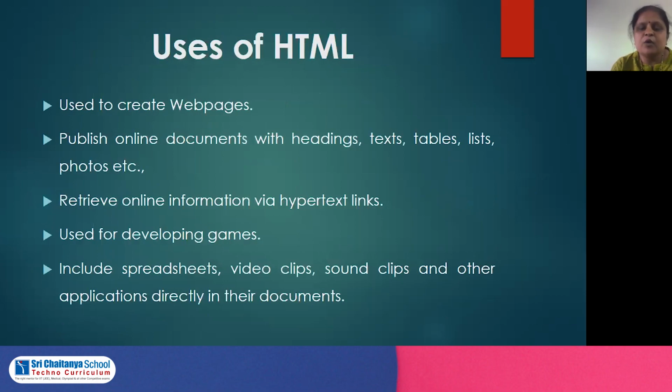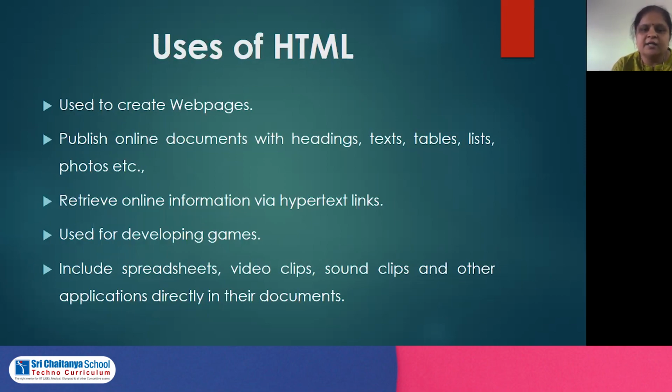Okay, so what are the uses of this HTML? What can we do using these HTML markup tags? It is used to create web pages. We can publish online documents with headings, text, tables, lists, photos, videos, etc. Retrieve online information via hypertext links, meaning from one page to another page we can jump using the hyperlink text.